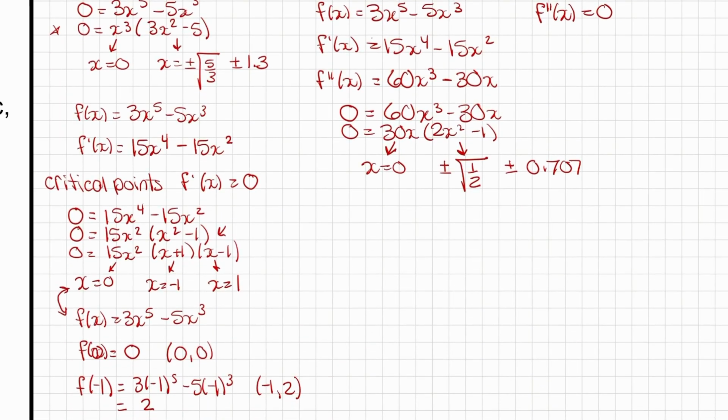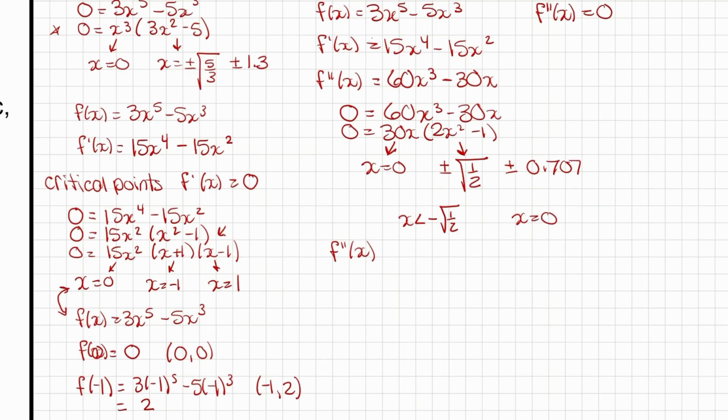So now we're going to set up our table to figure out what the concavity is doing at those particular points. I feel like I'm using an awful lot of red on this page, but so what is my second derivative doing at a point where x is less than negative root of 1/2? What is the second derivative doing when x is equal to 0?